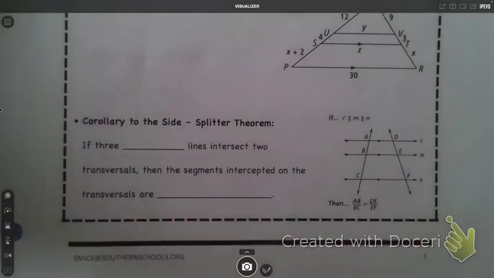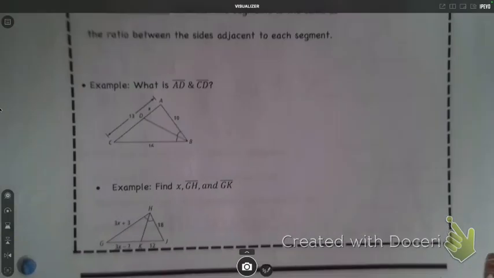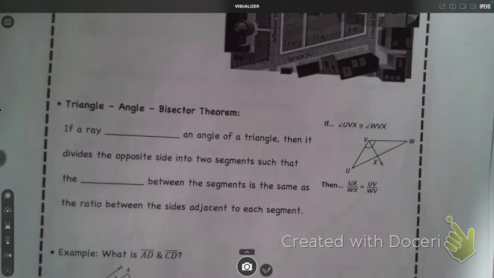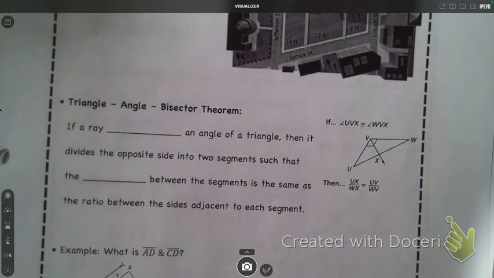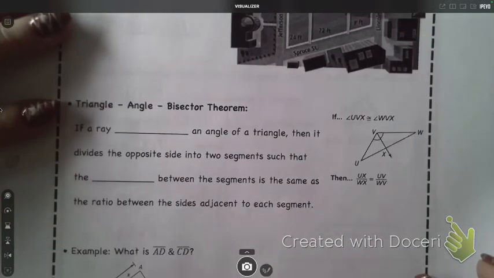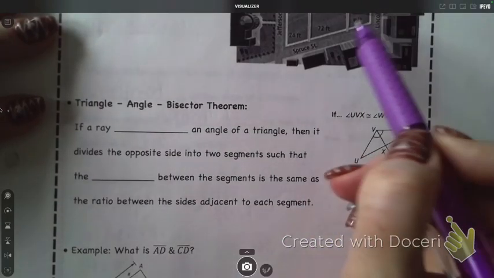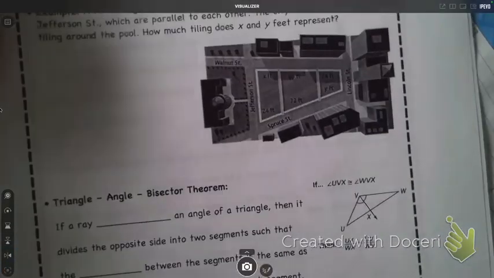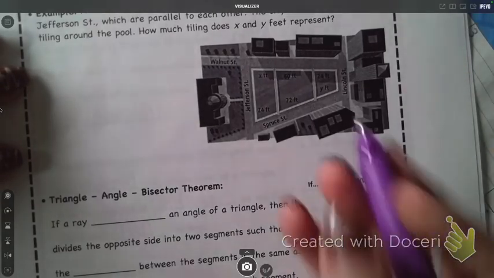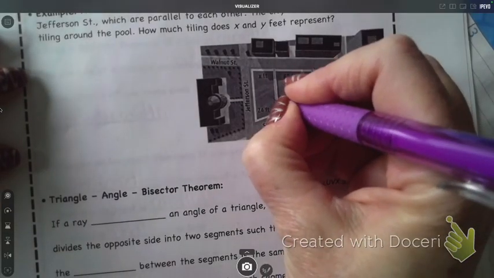Ooh, we've got a pond. Look at that. Beautiful picture. A reflecting pool is separated by walkways parallel to Lincoln Street. So this picture, if you turn it this way, does it look exactly like the one in the theorem? Yep. So all of these walkways are what?